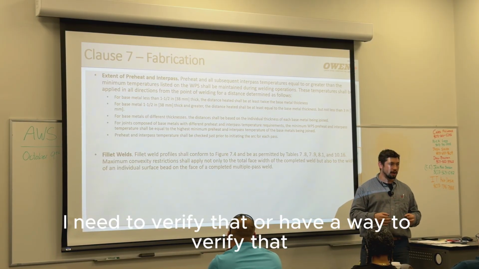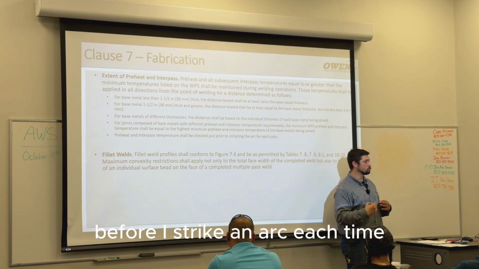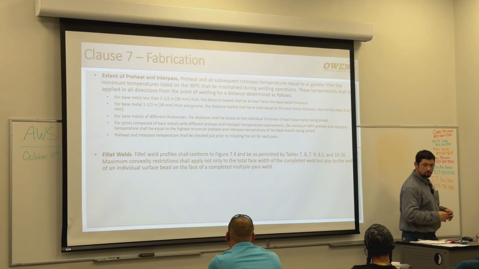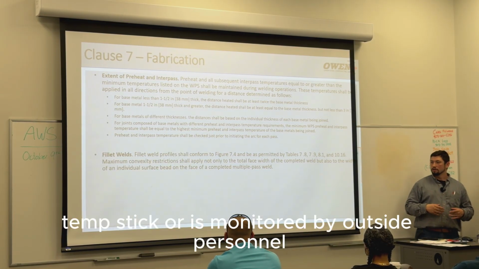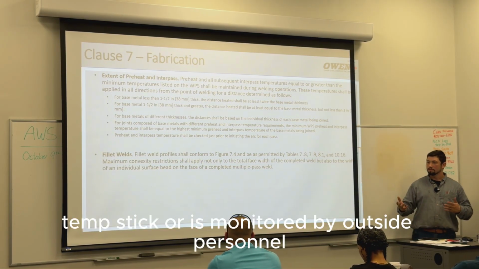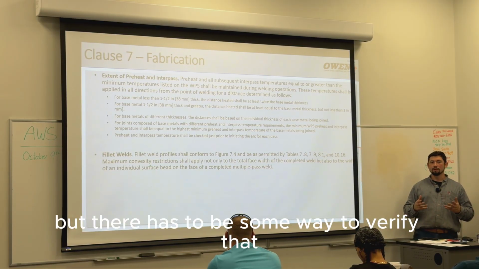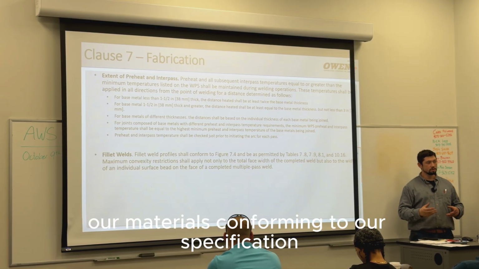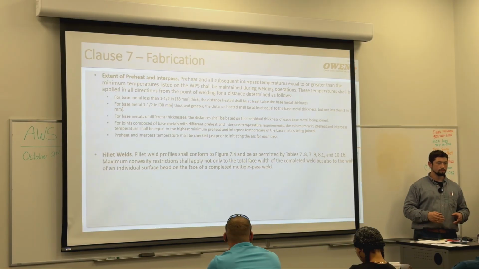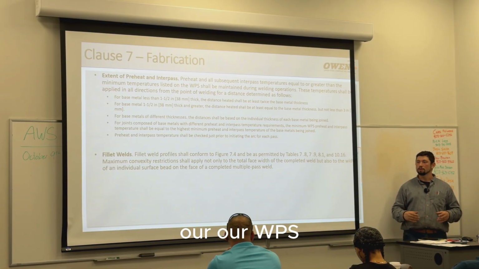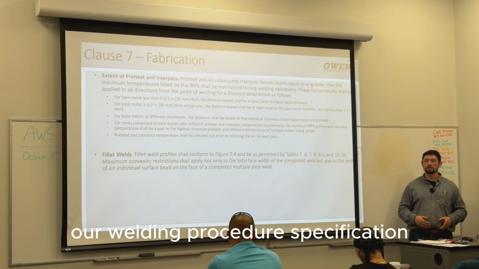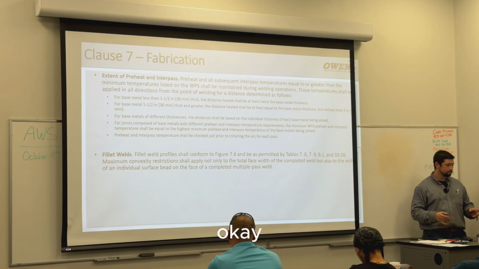I need to verify that, or have a way to verify that, before I strike an arc each time. Generally it's done by temp gun, temp stick, or it's monitored by outside personnel, but there has to be some way to verify that our material is conforming to our specification, right? When I say specification, our WPS, our welding procedure specification. Okay?